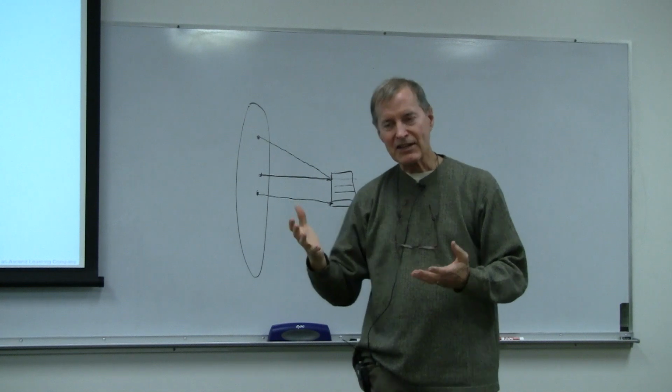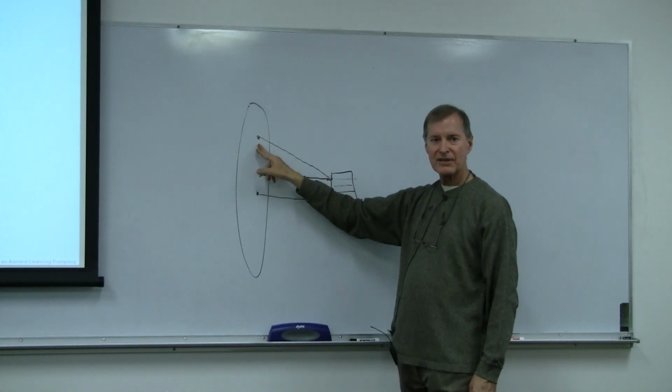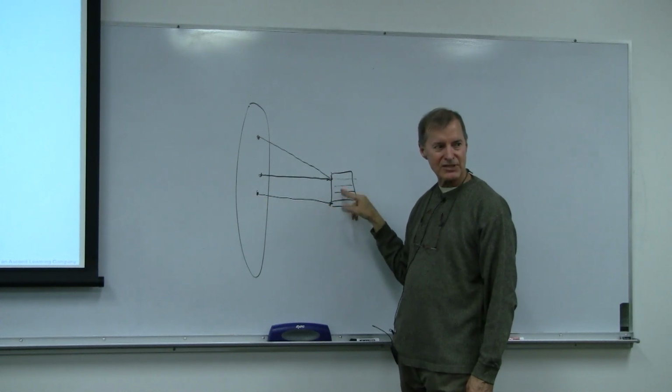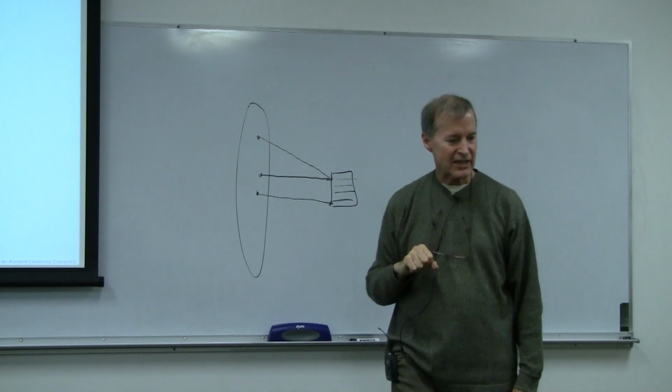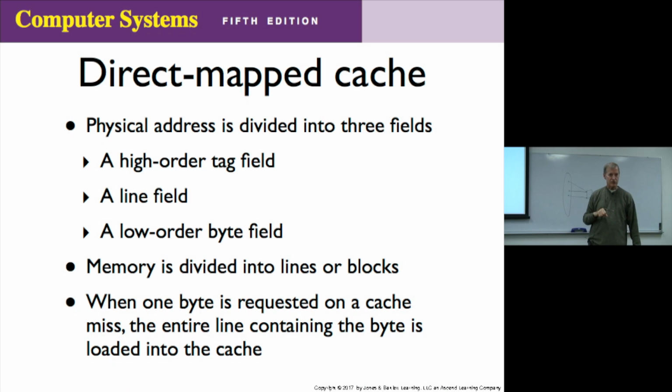So what does that mean can happen in a cache? That means several different memory locations are going to be mapped to the same memory location in the cache itself. So there are collisions. It's the exact same phenomenon, but at the hardware level instead of the software level.